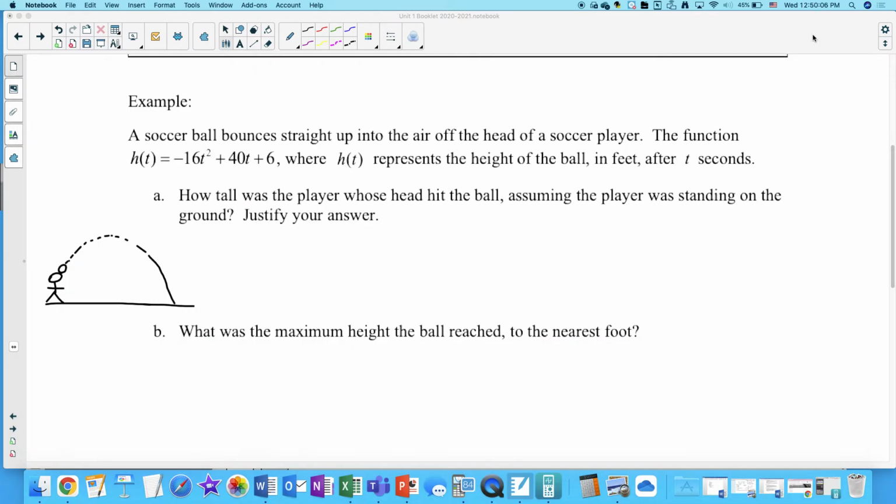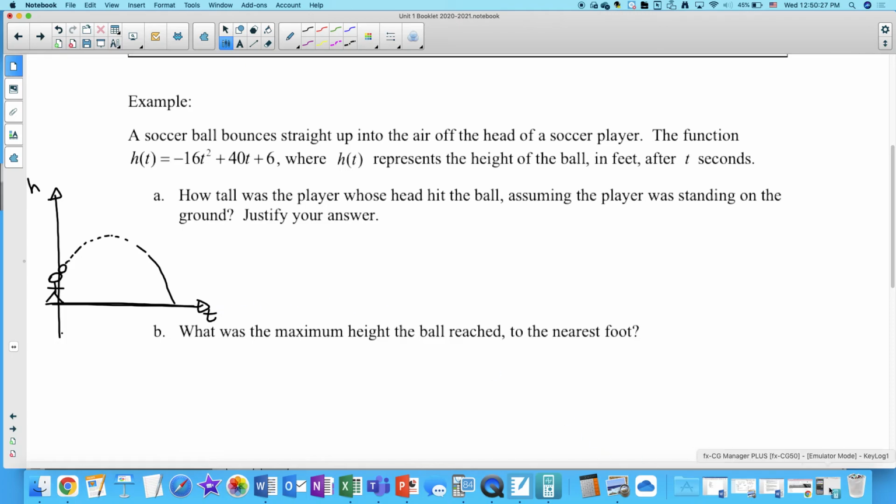And what does this represent? It's time in seconds. So think about heading a ball. How many feet do you think it would go up in the air? So be reasonable. That's going to give you your y values. And then for your x values, that's thinking about how long this thing is going to be in the air for, and that's in seconds.